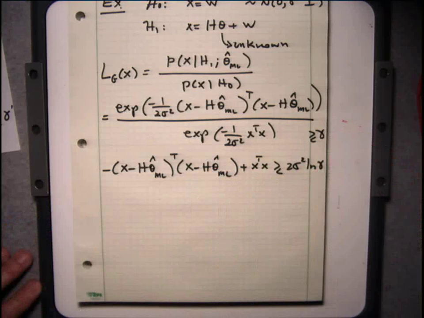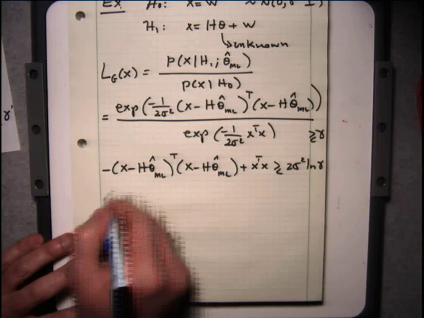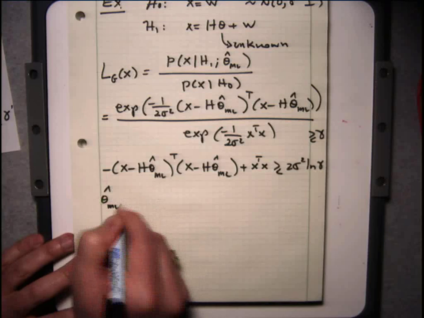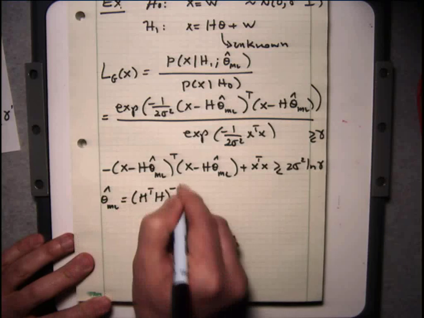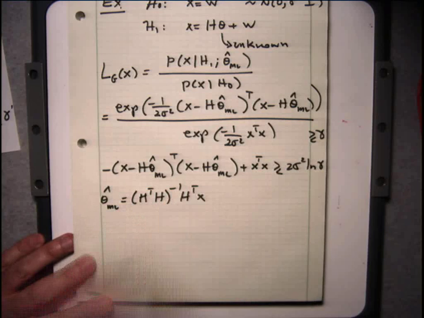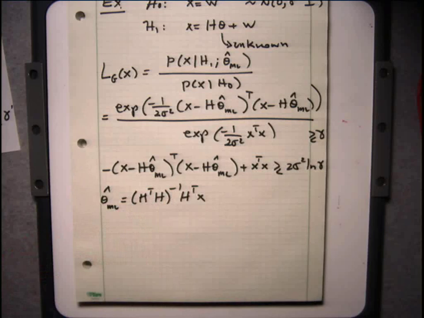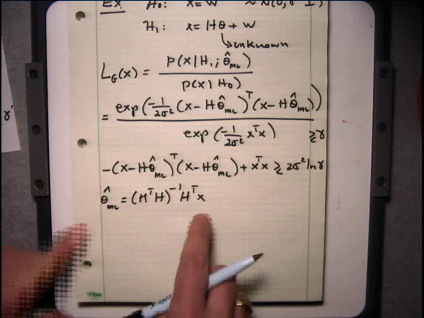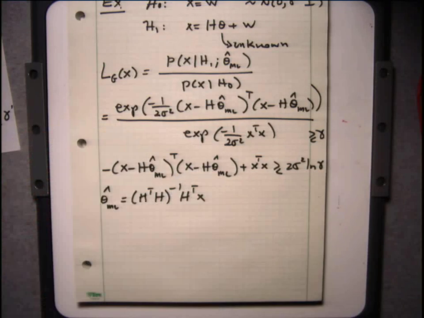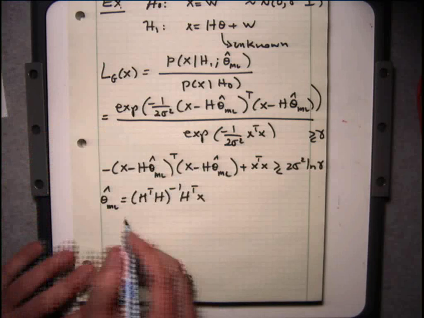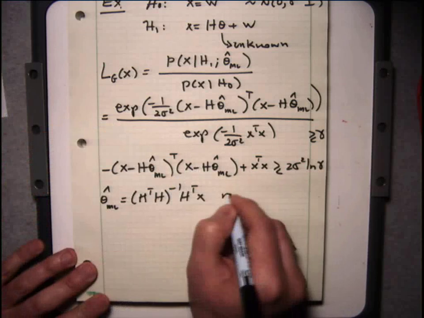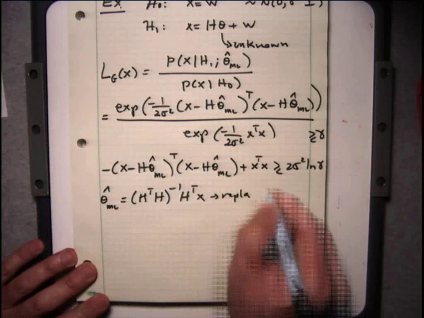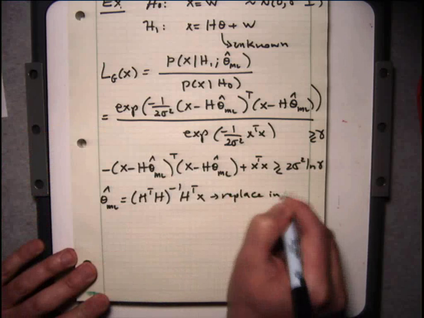Okay? Now I know that theta hat maximum likelihood is h transpose h inverse h transpose x, which happens to be the least squares as well. So what I'm going to do now is take this, plug it in here, expand the whole thing out, simplify, and see what I end up with. Okay? So let's do that. So replace in here.